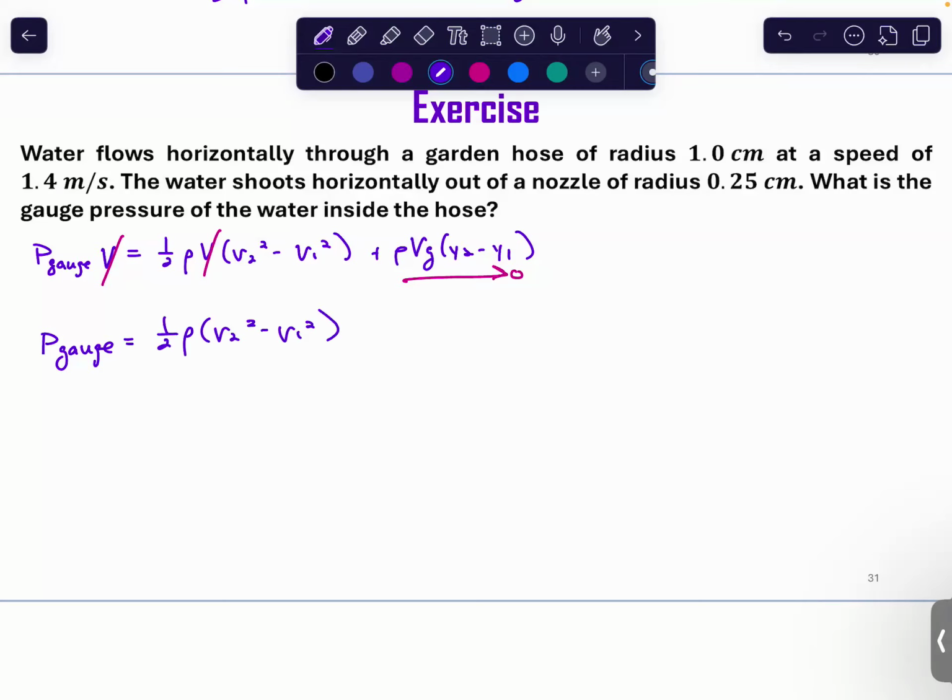Okay, now however, we are going to need a V2. We have a V1, but we need to know what V2 is as the water exits the hose. Okay, so we have V1.